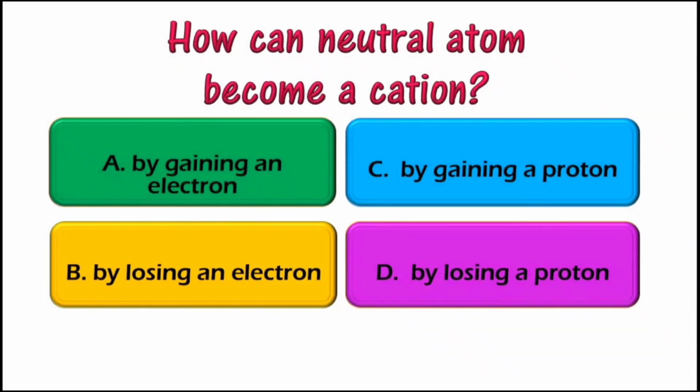For number 3, how can neutral atom become a cation? A. By gaining an electron. B. By losing an electron. C. Gaining a proton.